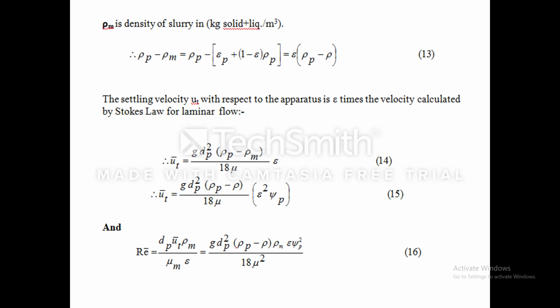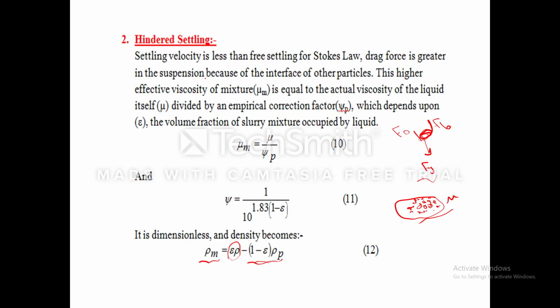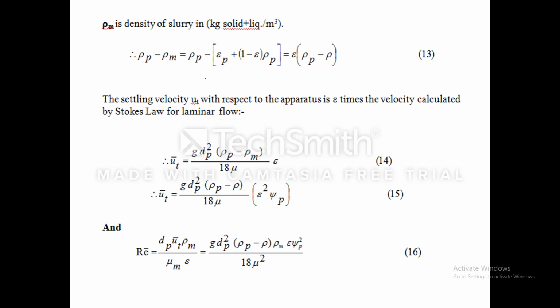Rho mixture is the density of the slurry in kilograms of solid plus liquid per cubic meter. Then we get rho p minus rho m, as in equation 12 here. We substitute rho m by this, so we get porosity phi times (rho p minus rho).